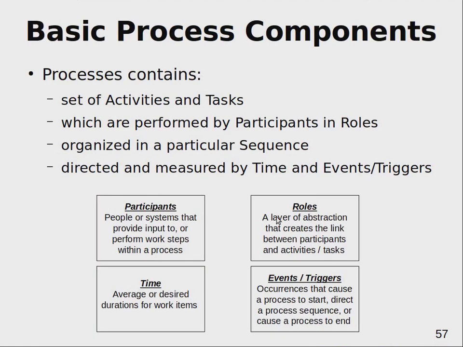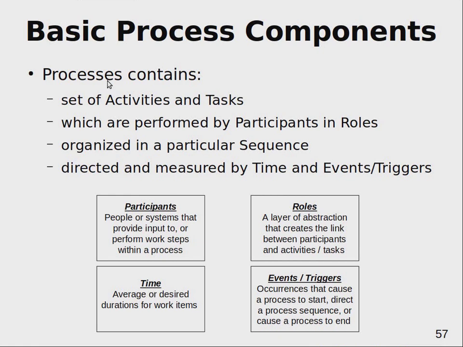And what are the differences? The differences are that BPMN is more oriented to describing business processes, not to the design of a system. First, all business processes contain activities and tasks.